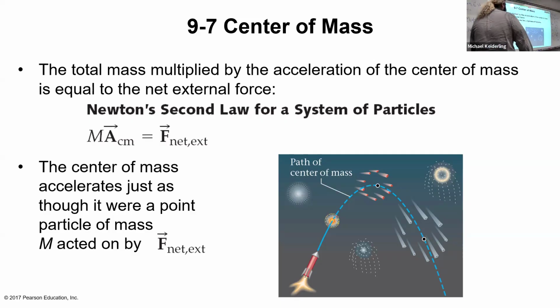So if you launch a firework and it explodes, the path of the center of mass continues on a parabola as the individual particles spread out from the explosion.